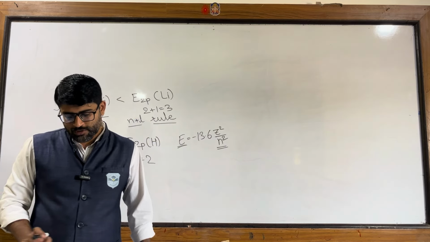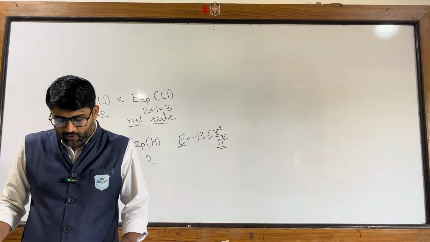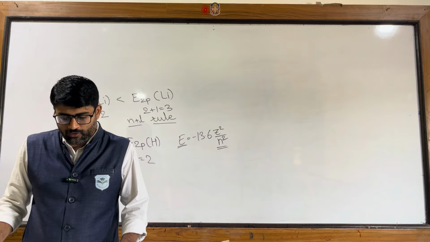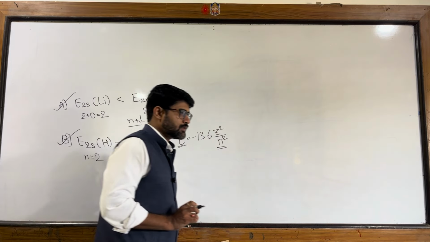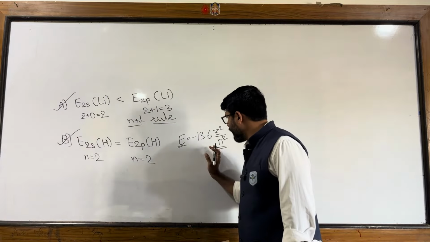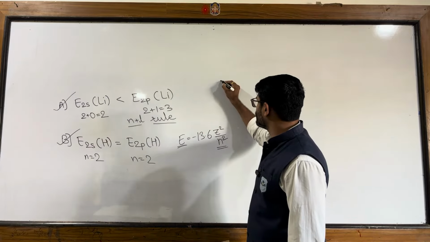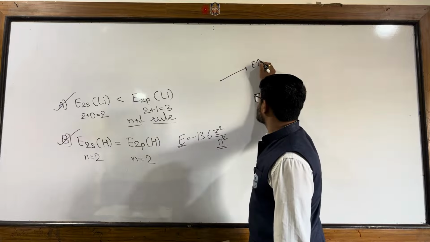Next, coming to option C, we have to compare the energy of 2p of hydrogen and 2s of lithium. In this case, you have to use a simple logic that as the distance from the nucleus increases, energy also increases.